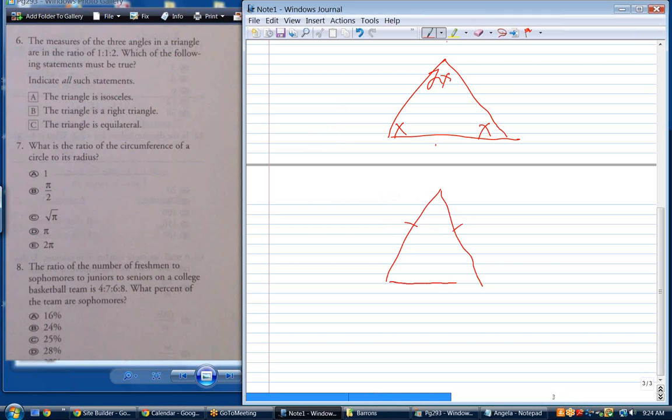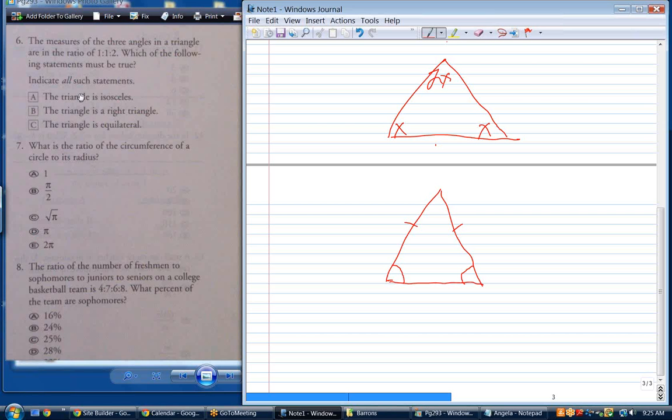But the consequence of having 2 equal sides is you also have the opposite angles equal to one another. So the correlation is true, that if you have a triangle with 2 equal angles, it is isosceles. If you have a triangle with 3 equal angles, it is equilateral. And if you have a triangle with exactly 1 right angle, it is a right triangle.